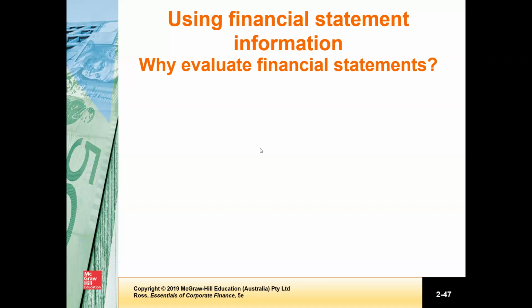So first of all, why evaluate financial statements? As we have discussed, the primary reason for looking at accounting information is that we do not have, nor can we reasonably expect to get market value information, right? So it is important to emphasize that whenever we have market information, we will use it instead of accounting information, okay?